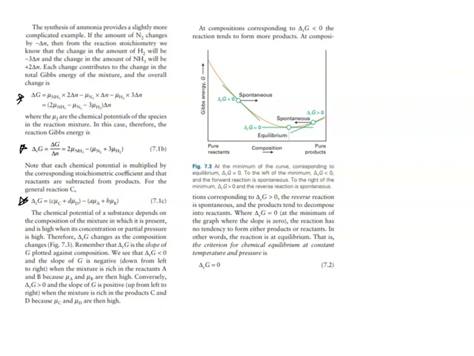At the minimum of the curve, corresponding to equilibrium, delta GR equals 0, because the slope of the line is 0 at that point. To the left of the minimum, delta GR is less than 0, or negative, and the forward reaction is therefore spontaneous. And to the right of the minimum, delta GR is greater than 0, and the reverse reaction is spontaneous.